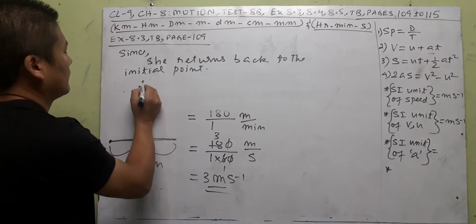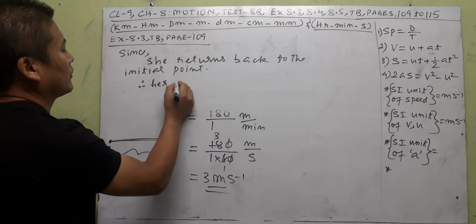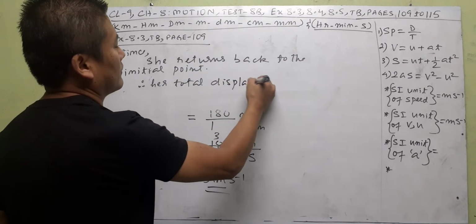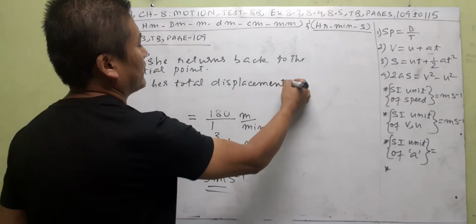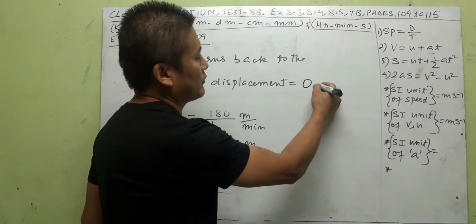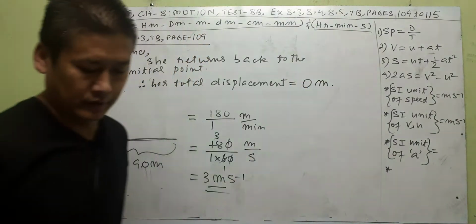Therefore, her total displacement, we know in our previous classes we have dealt with this. When an object returned back to the initial point, then the displacement is always 0, so 0 meter.